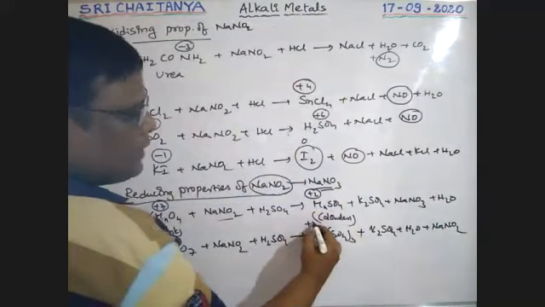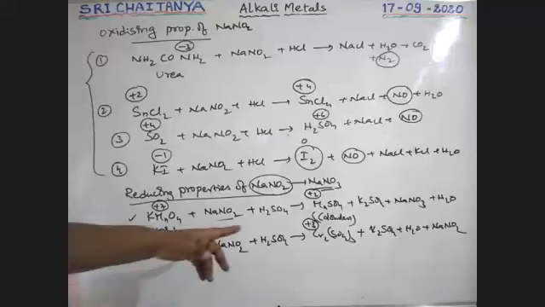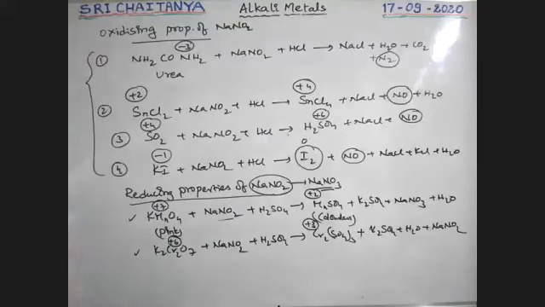Here chromium goes from +6 to +3, so an orange chemical changes to green.